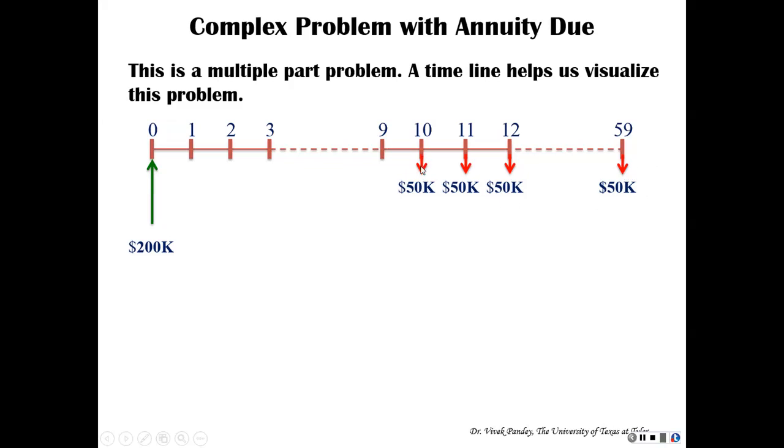The payment is occurring at the beginning of each year, so including 10 to 59, that's 50 payments of 50,000 each. So what we need to find out is how much she needs to deposit for each of the next 10 years in order to be able to do that.